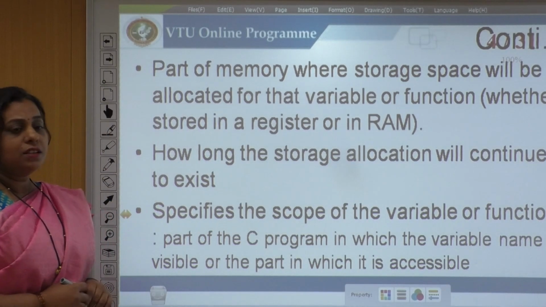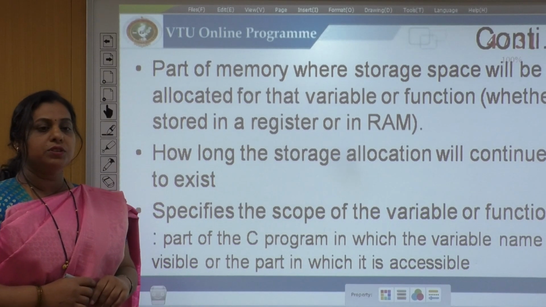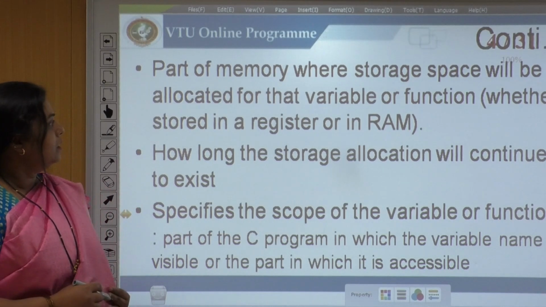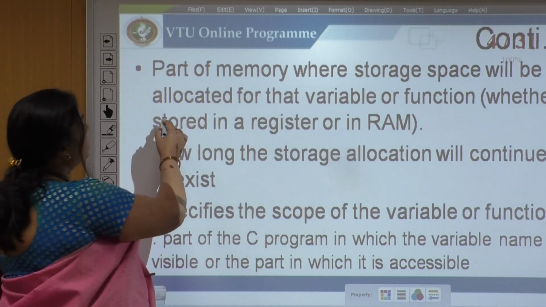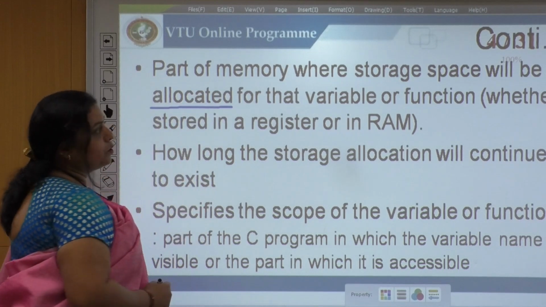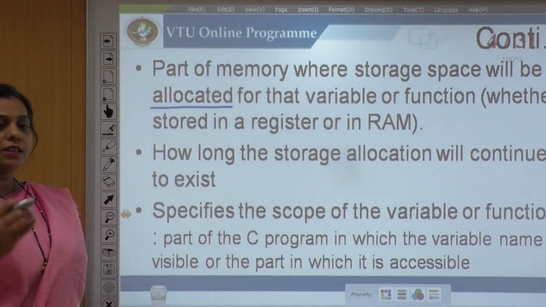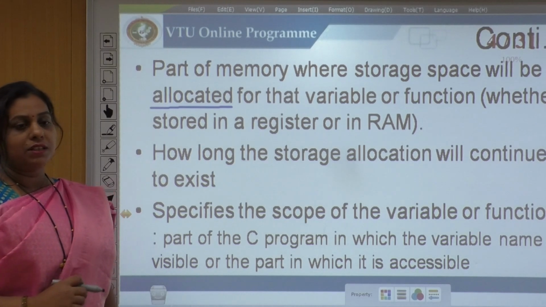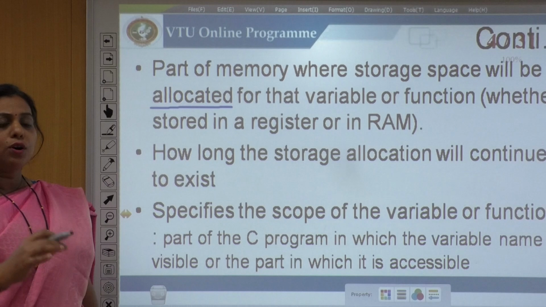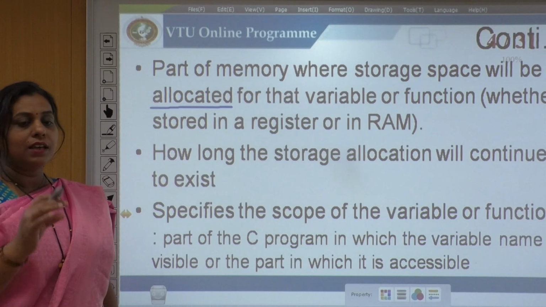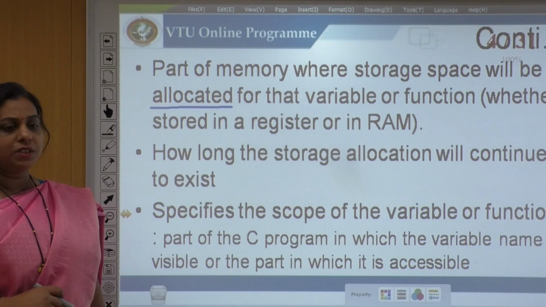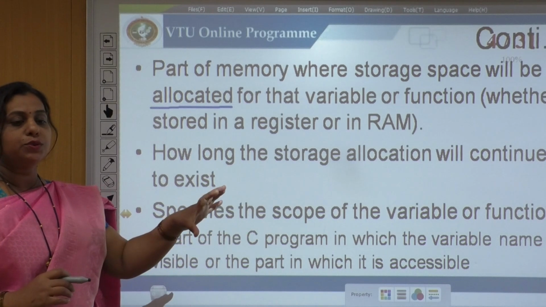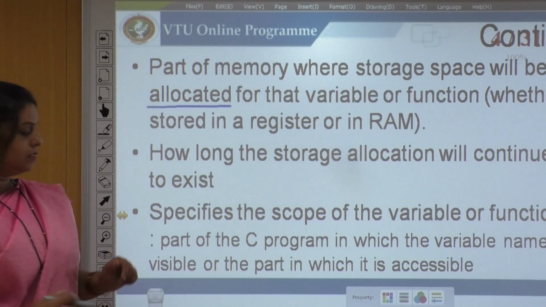So, storage classes give us information with respect to variables and functions regarding what kind of memory space is allocated to them, whether they are available in the register or in the RAM, and how long they exist in the memory. Next, which part of the C program can access those particular variables and functions.